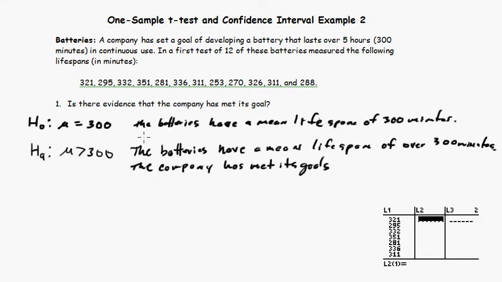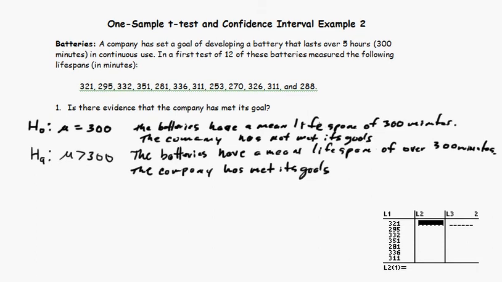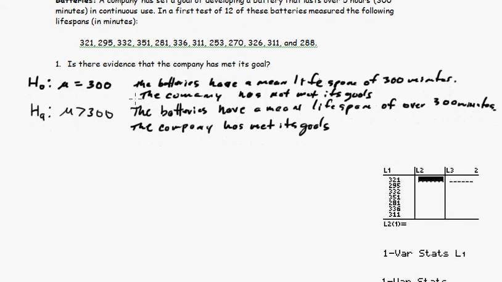And then we would say something like the company has not met its goals. This is what we want to prove, the alternative. So we want to see that the null hypothesis leads to a contradiction.